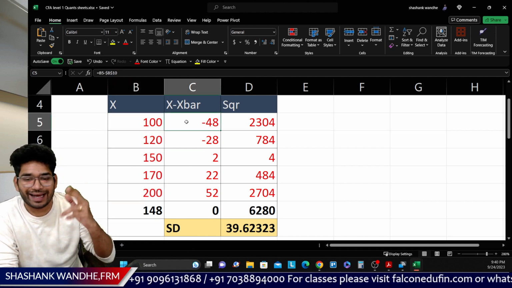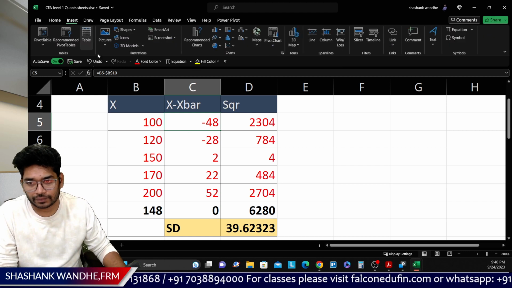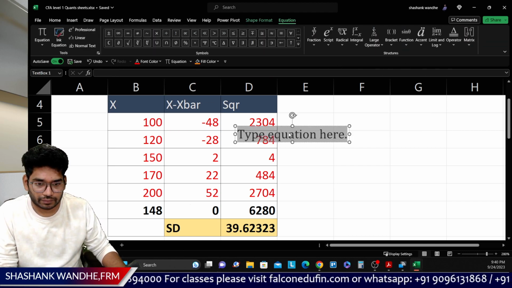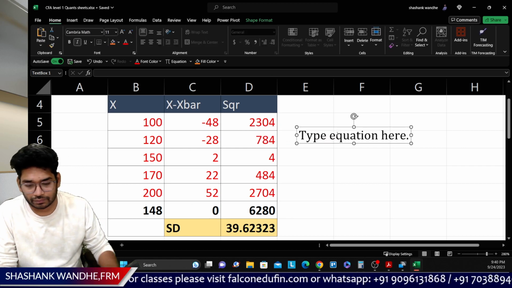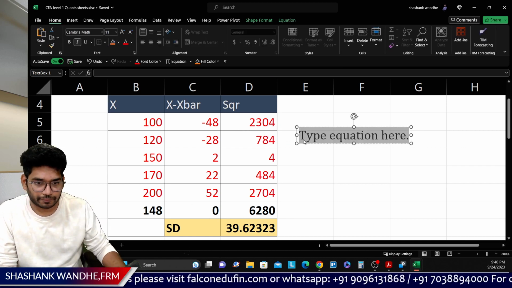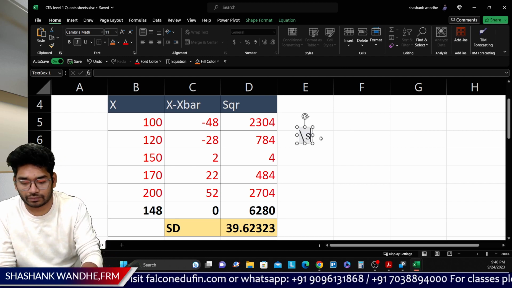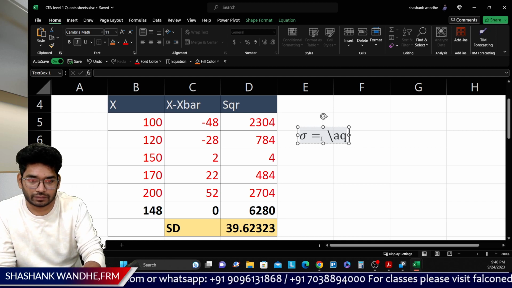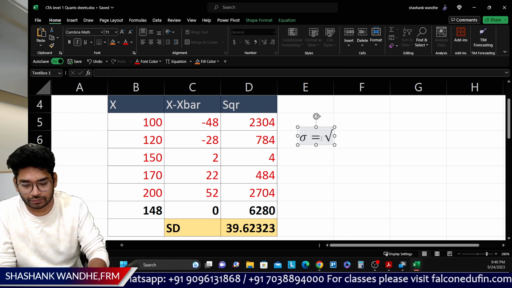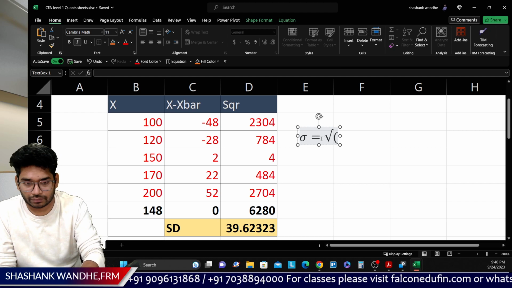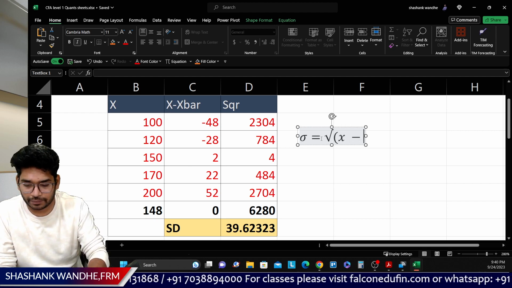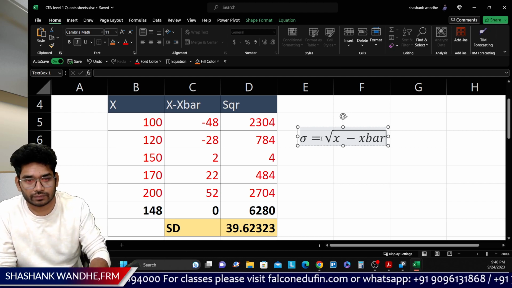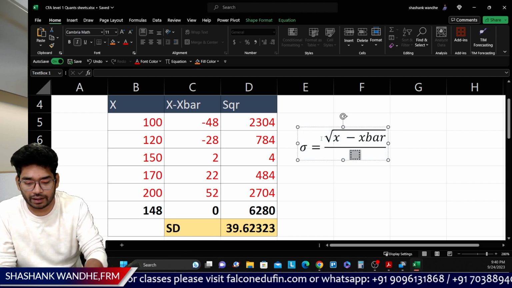Now our formula is x minus x bar, all squared, divided by n.